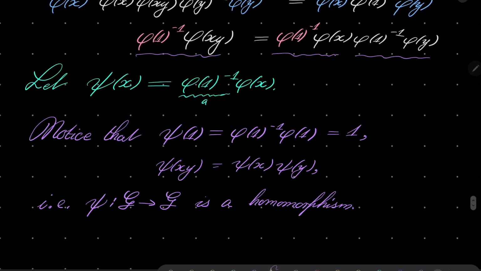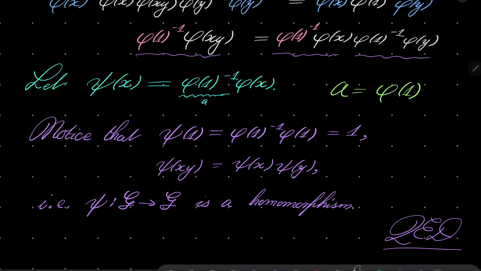Which actually concludes our proof, because we have now constructed our homomorphism, so it was sufficient to take A to be phi of 1 inverse. And that completes our proof.